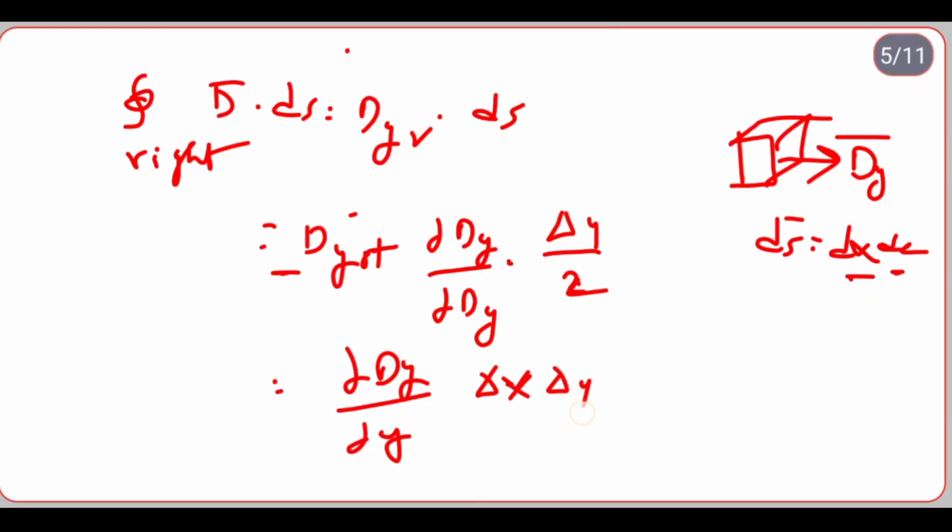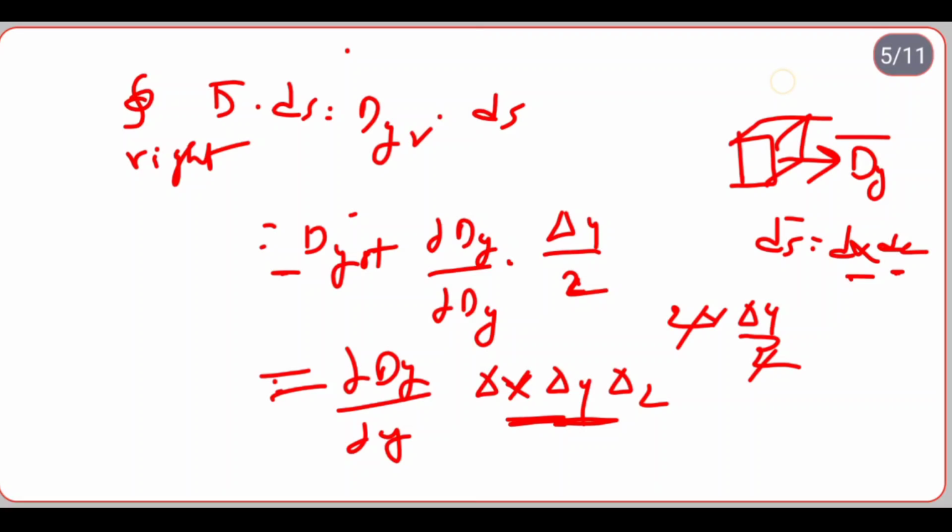Why do we obtain this? Previously delta x by 2 came, here 2 into delta y by 2 comes, then the 2 gets cancelled and delta x, delta y, delta z is left. Similarly, applying left and right, you can obtain dou Dy by dou y, delta x, delta y, delta z.